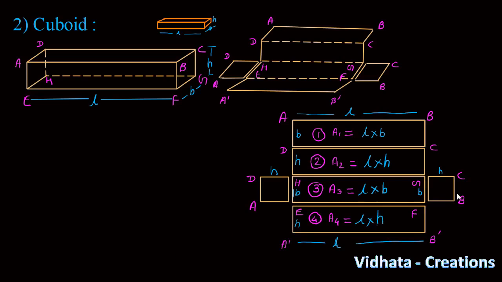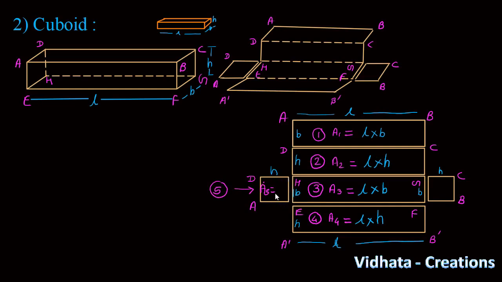Now only 2 rectangles are there, this and this. Can you say what is the area of this rectangle? I will call it number 5. The area will be equal to A5, and this is breadth and this is height.